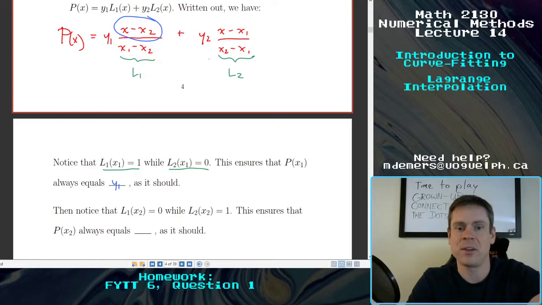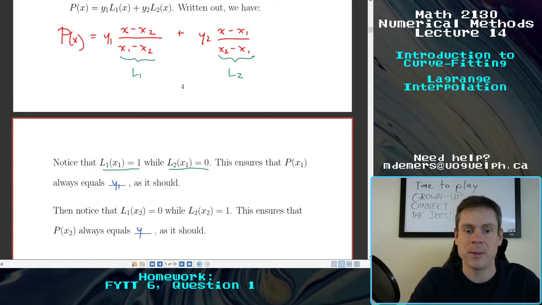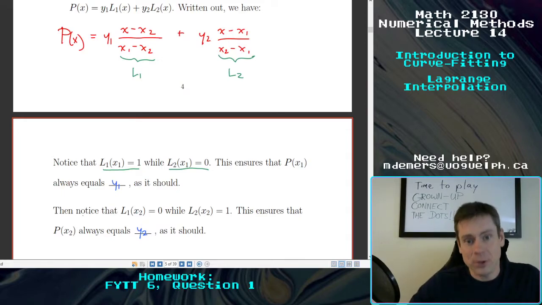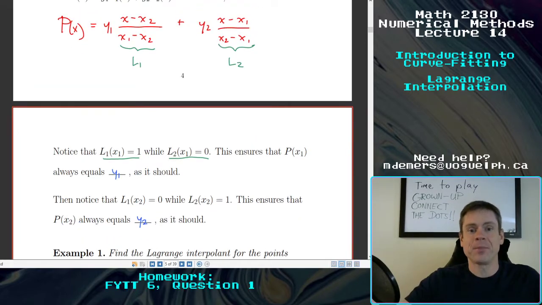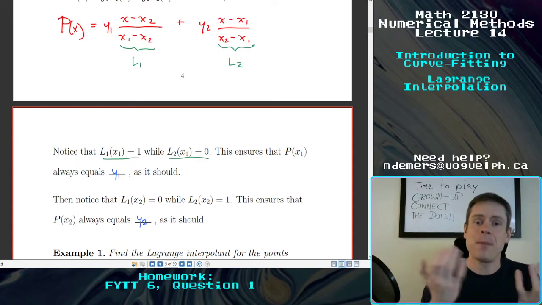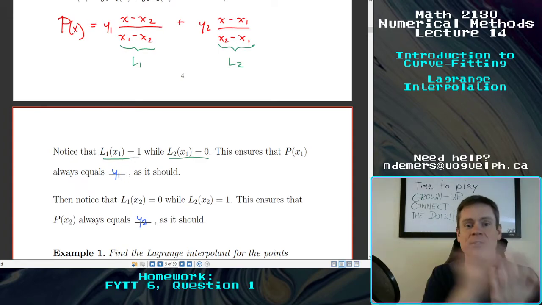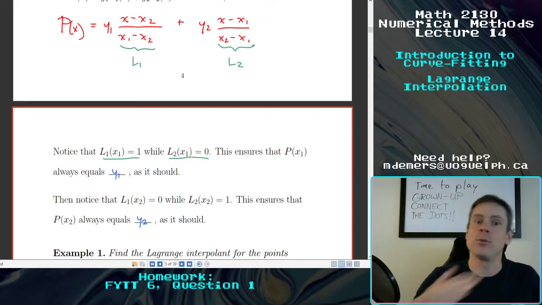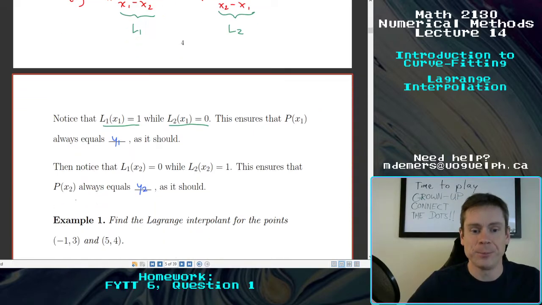The sum of those gives me y2, as it needs to. Essentially you're finding just the right linear combination of those basis functions to lift the resulting line segment to pass through those two points, which is pretty cool.